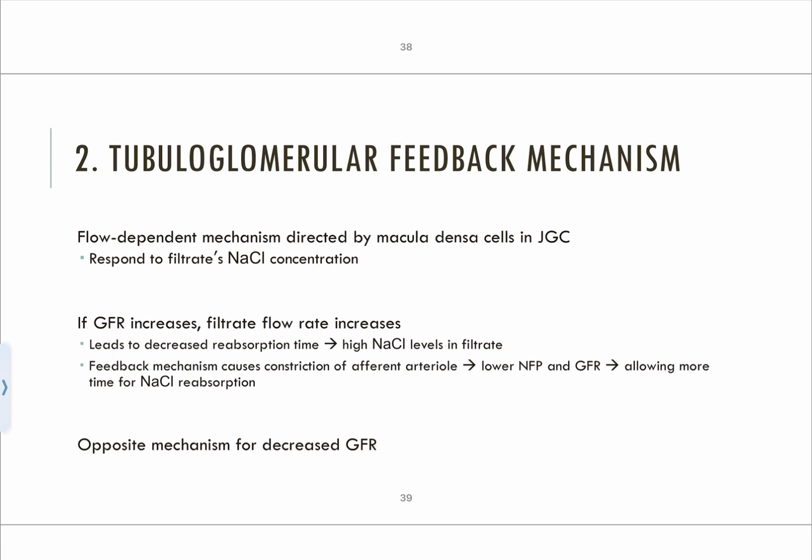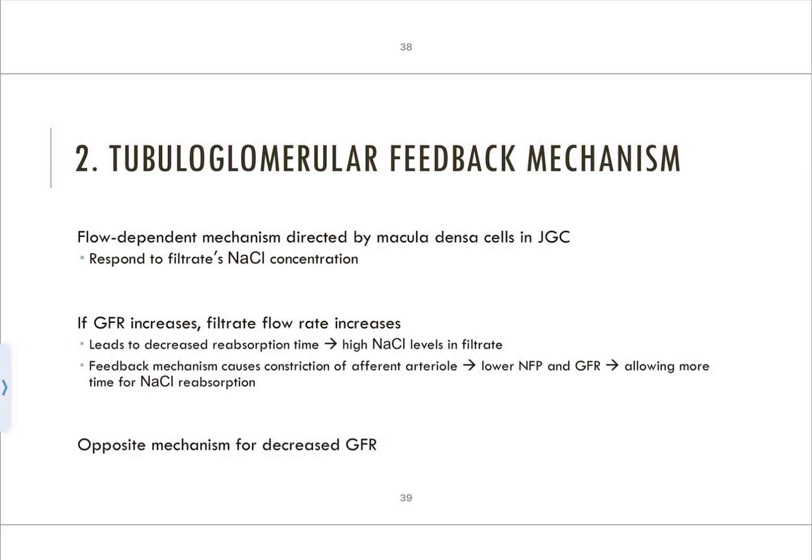So when our GFR increases, there isn't enough time for the reabsorption, and the concentration of the sodium chloride in the filtrate stays really high. So the macula densa cells can sense these high levels of the sodium chloride in the filtrate, and they release these vasoconstricting chemicals that are going to cause constriction of the afferent arteriole so that we lower the blood flow into the glomerulus.